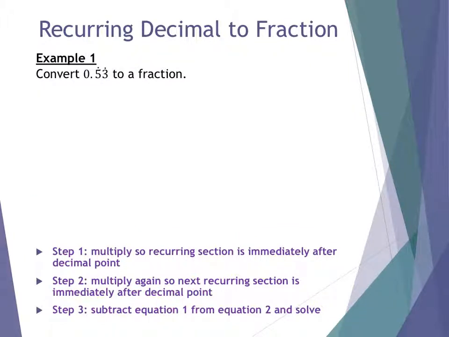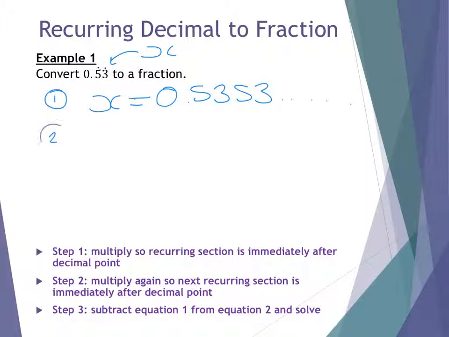Let's try another one. So first of all, we have got to multiply so the recurring section is immediately after the decimal point. So here's what I'm going to call x. In this case, it is already starting straight after the decimal point. So all I need to do is just write that down. x equals 0.5353, etc. Step 2, multiply our x so that the recurring section is after the decimal point again.